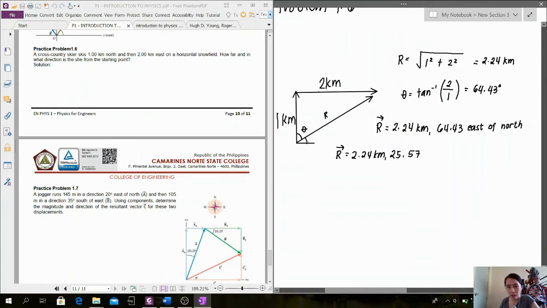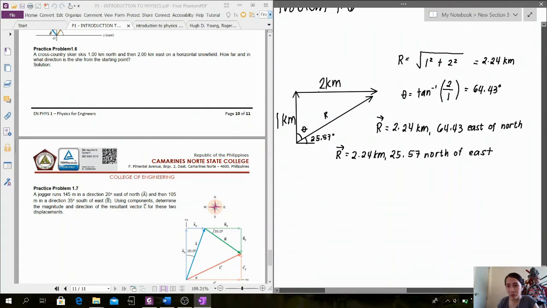And so this is the 25.57 degree angle. So if we are going to use this one, this is north of east. So again, the last direction stated is your reference.